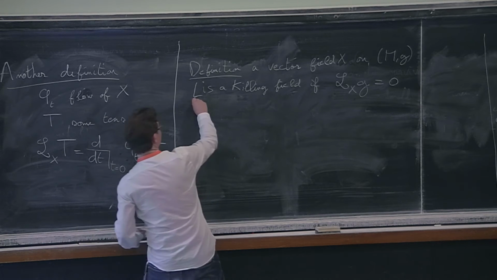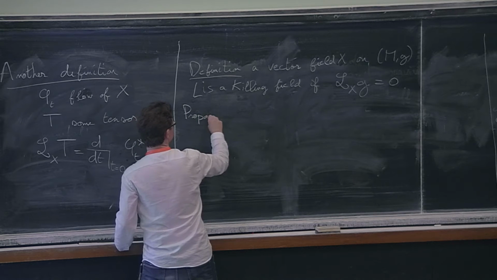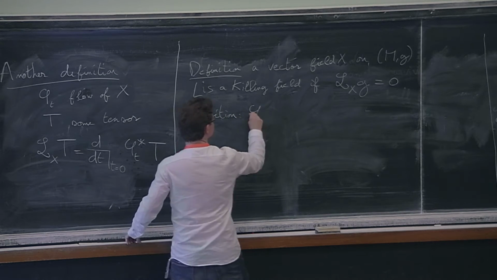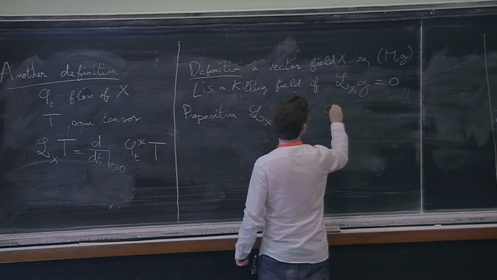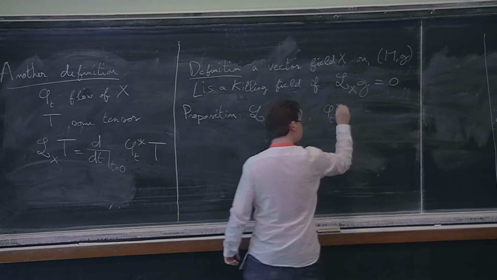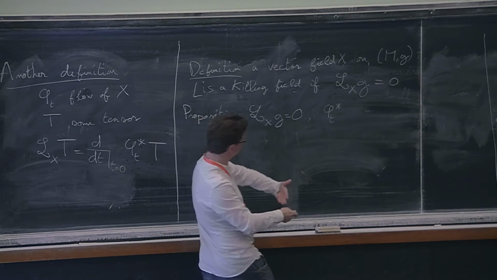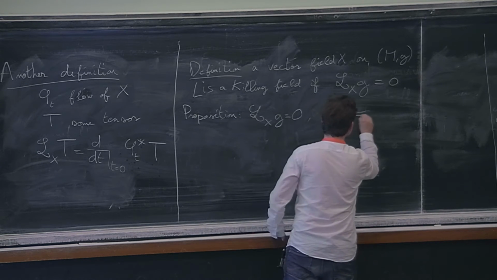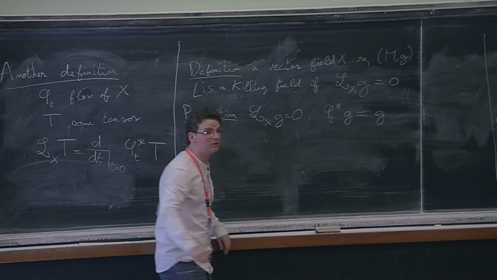So there's a proposition. If you have a Killing field, then if you look at what this field does on the metric when you move along, so phi t star of g, it will always be equal to g. So the flow acts by isometries.